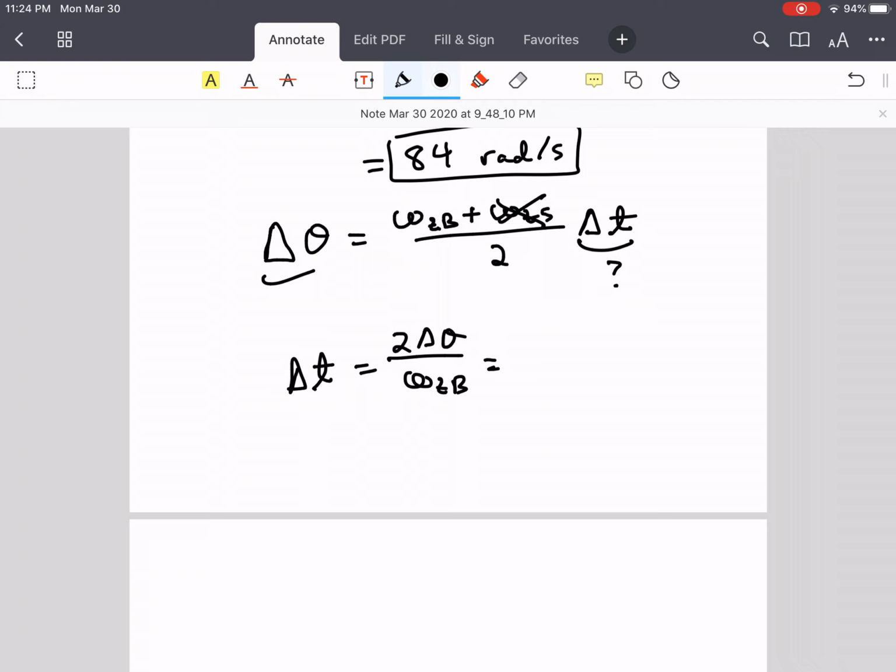Plug in some numbers, that turns out to be 10.3 seconds. And if I add that to my original 2 seconds before the breaker tripped, my total time, which is t_s in this case, is 10.3 plus 2, or 12.3 seconds, between when I start this experiment and when it stops.